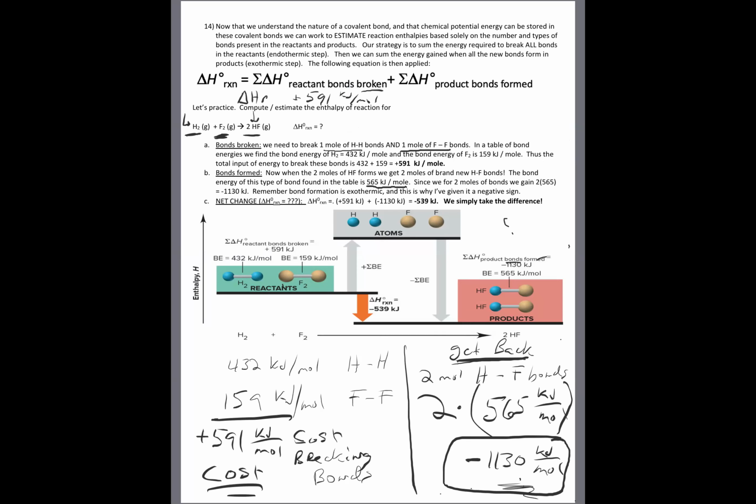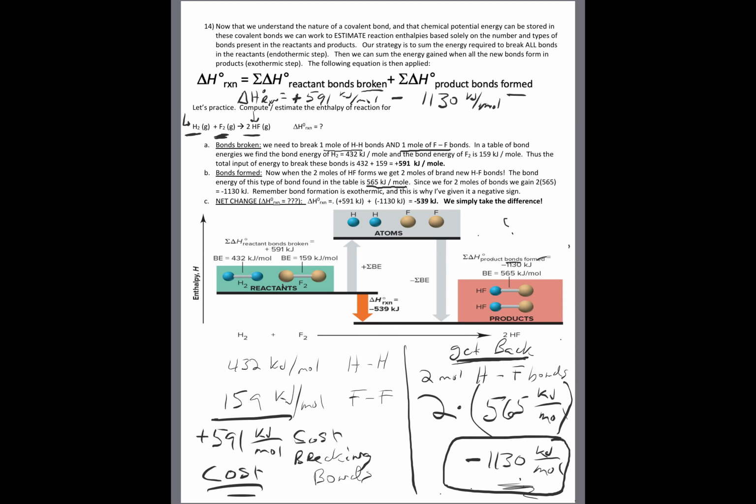So I can compute my delta H reaction by taking that positive 591, and now I'm going to subtract, or add a negative, 1130, because that's the energy I get back when the new bonds form, okay?